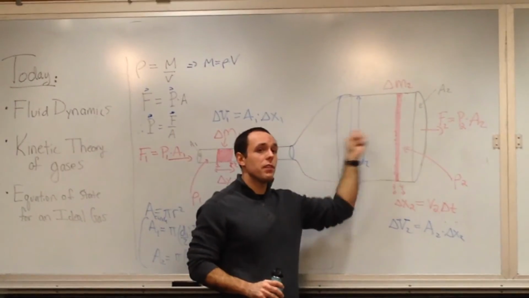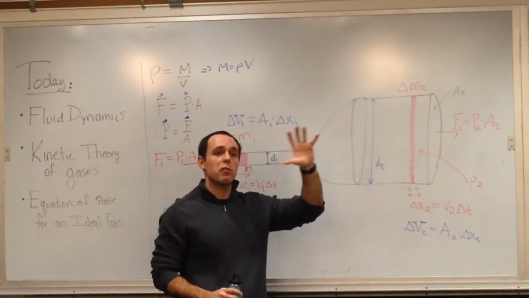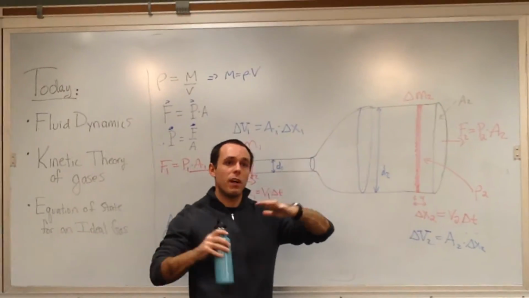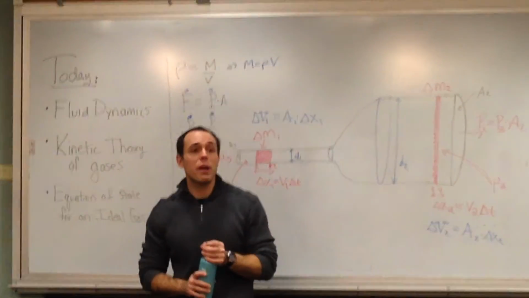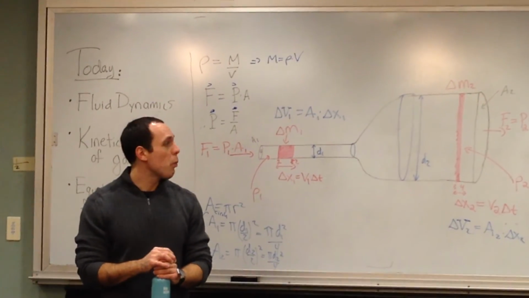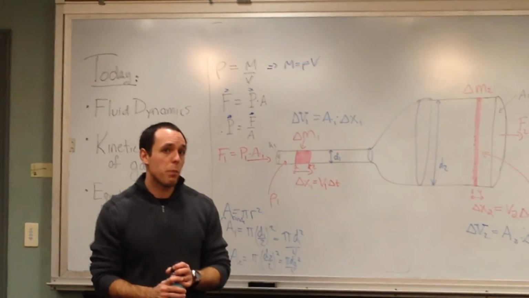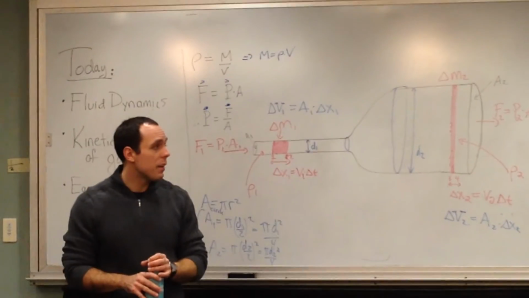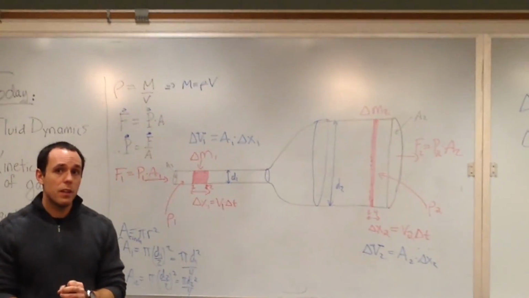If we went from this region to this region, the gas would compress, but if we went from this region to this region, it would expand, because a gas can basically occupy different volumes, whereas a liquid is incompressible, so it can only be in a specific volume. So that's why the generic equation of continuity, which is good for any fluid, compressible or incompressible, is given in the middle board. But on the right board, that is specifically for an incompressible fluid.